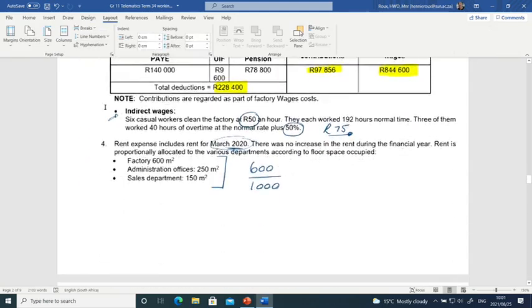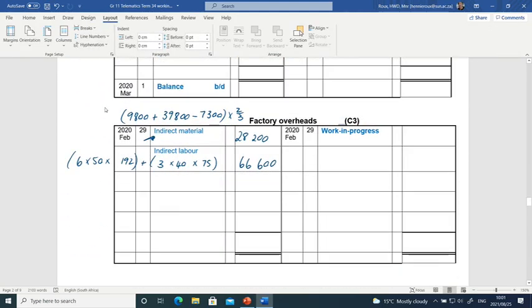So if we go down to the factory overheads, the salary of the factory foreman was given as 216,000. A depreciation was given, so we don't have to calculate anything there, as 56,250.